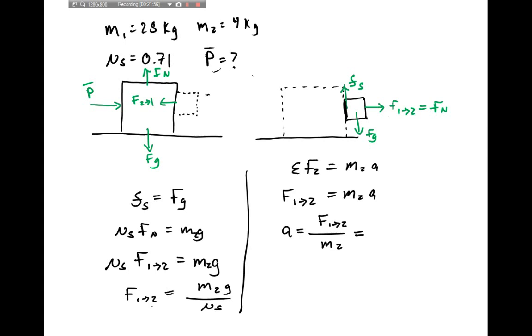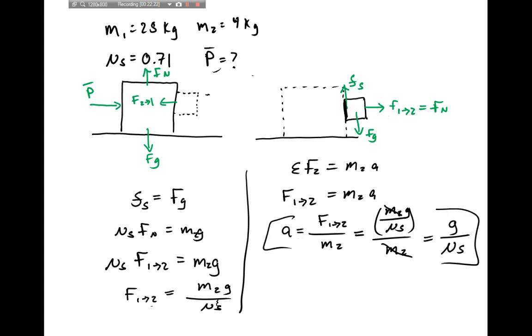But this is equal to m2 g over mu sub s, divided by m2. The m2's cancel, and I get that the acceleration is equal to g divided by the static coefficient of friction. So my acceleration of these boxes is g over mu sub s.